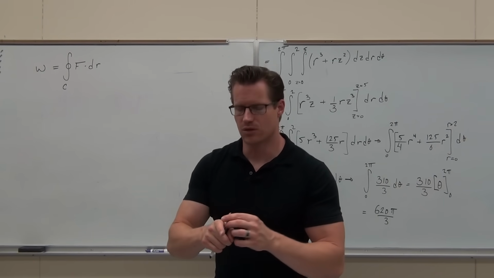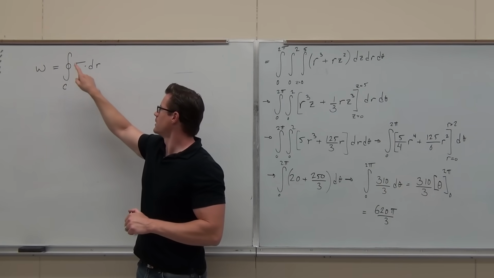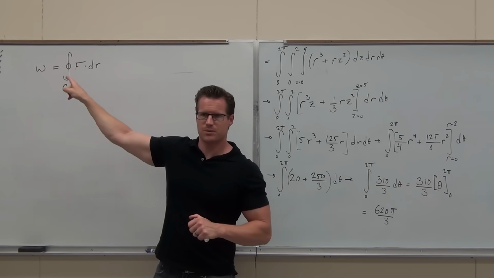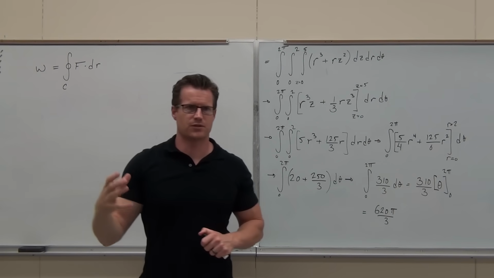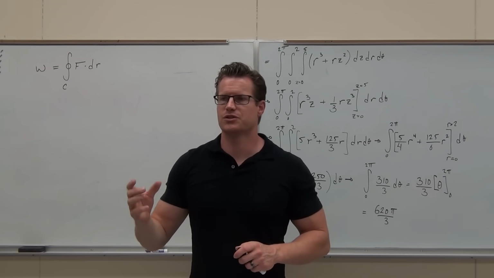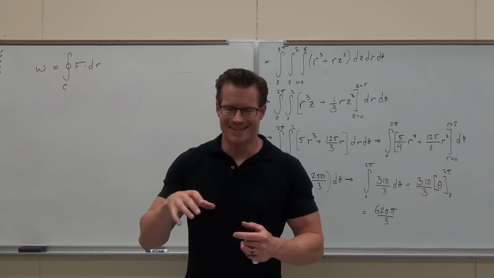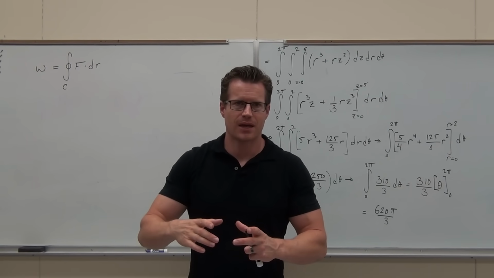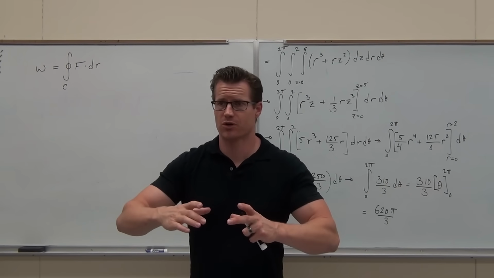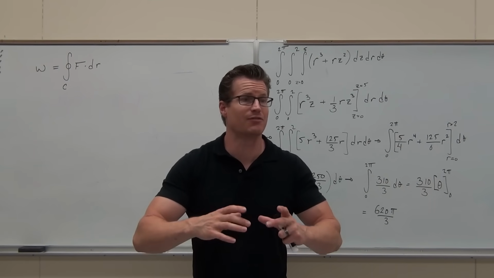What's going to let us deal with line integrals? Back to line integrals again. Of the simple closed curves of a vector field, well, there's a generalization for Green's theorem. It's called Stokes' theorem. So what I want you to think of this as is like taking Green's theorem and just making it general, where your simple closed curve does not have to be bound on a plane. Does that make sense? It doesn't have to be on a plane.